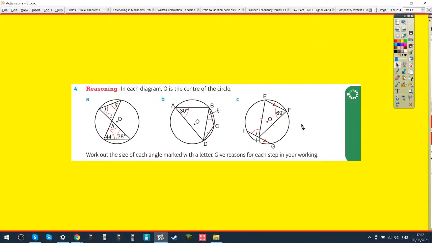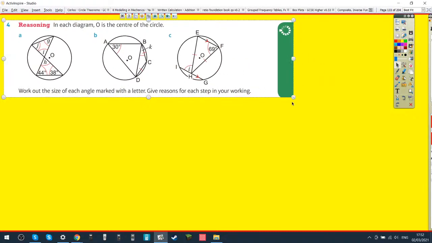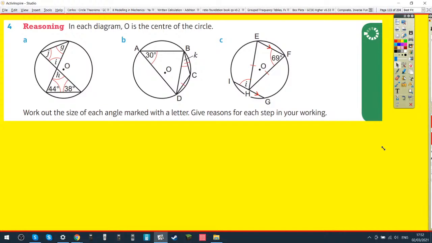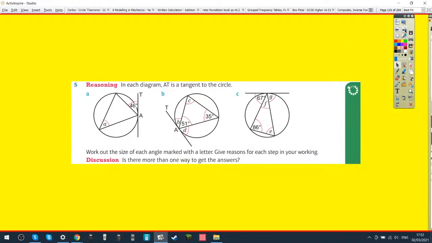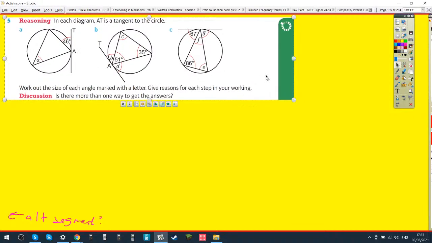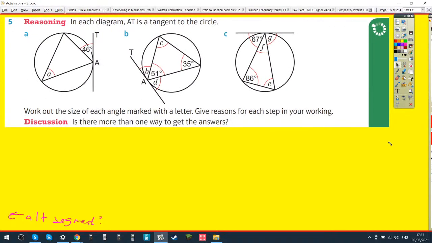Applying them. Work out the size of each angle. So I think this is a mix of the questions, is it? That one's okay. These look okay. Maybe it's just a mix. Okay. So what is question A? AD is tangent to the circle. Work out each angle.